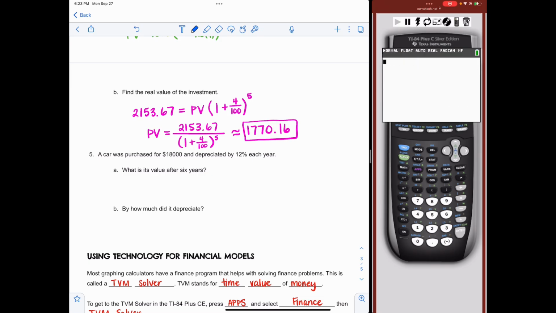So if I want to figure out the value after 6 years, I can say that my future value of the car is equal to what I paid for, which was $18,000. And you have to subtract from 1. You have to do 1 minus 12 over 100 over the course of 6 years.